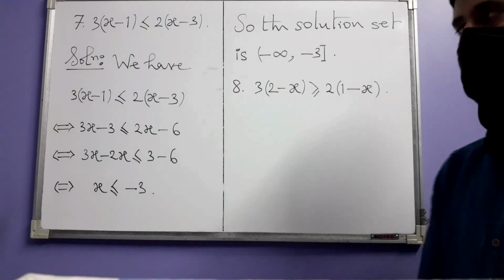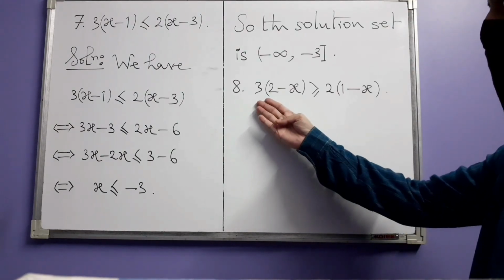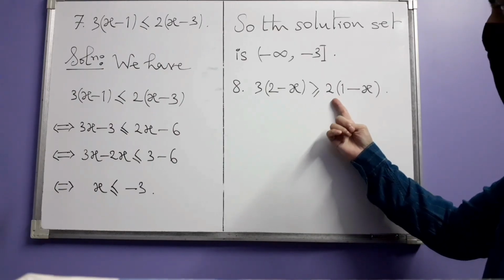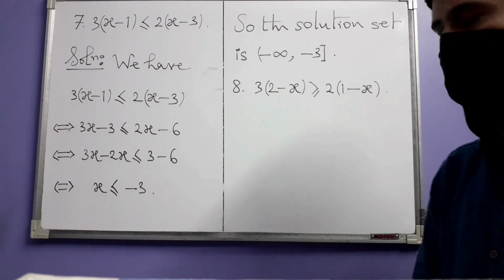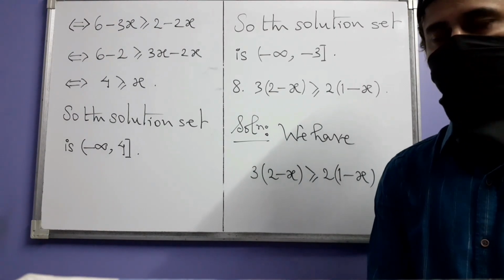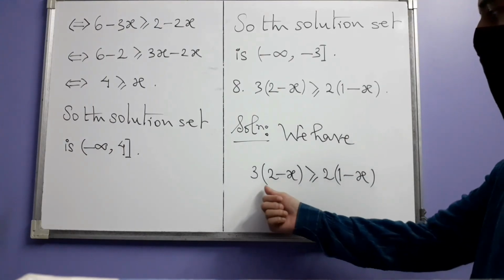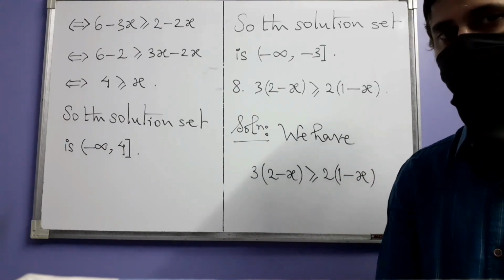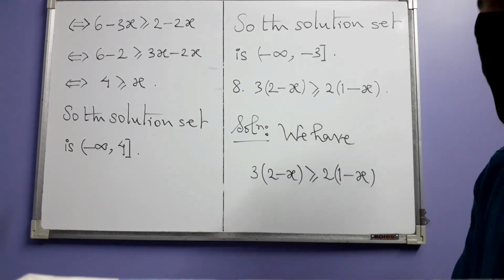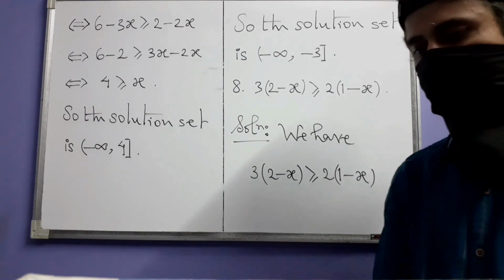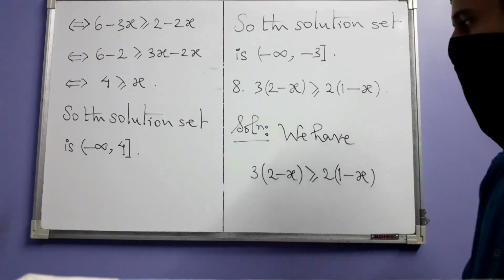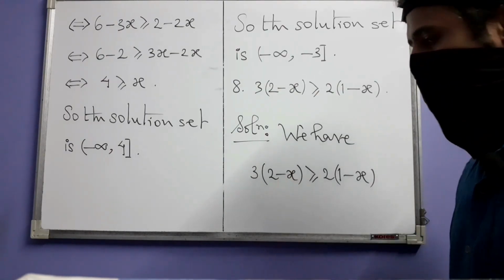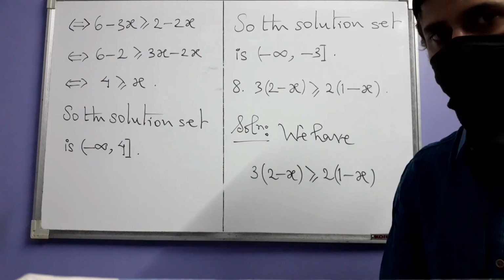Next we have number 8, where the inequality is 3 times 2 minus x is greater than or equal to 2 times 1 minus x. So the inequality here is 3 times 2 minus x greater than or equal to 2 times 1 minus x. Now let me tell you about a psychological thing here. We do not like having minus sign with x.